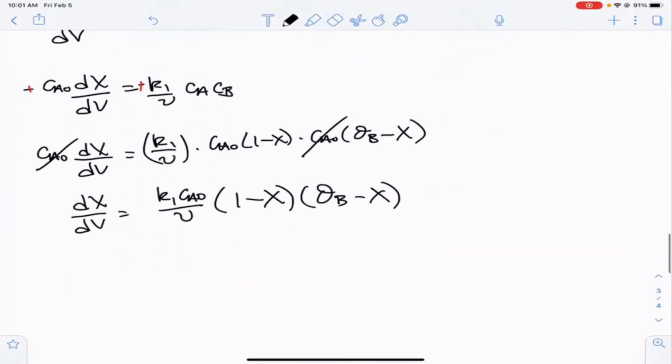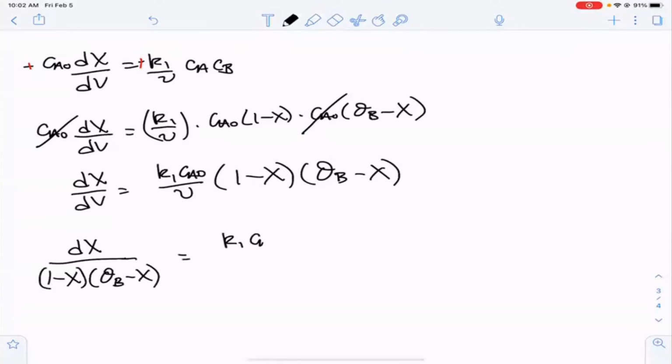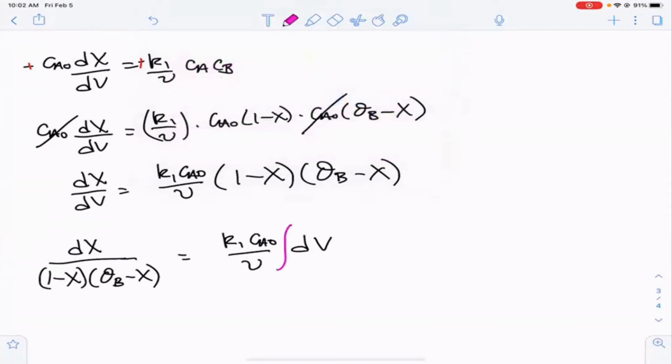And if we were going to integrate this, of course, you'd have to get all of the conversion to the left-hand side of this equation. So this would be dX over (1 minus X) times (theta B minus X) equals k1 CA0 over the volumetric flow rate dV. And in this case, this would be integrated from 0 to the volume.